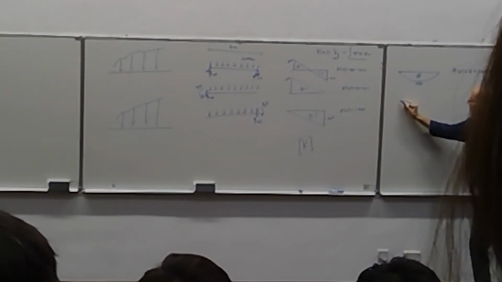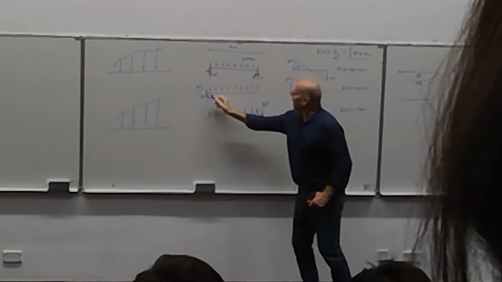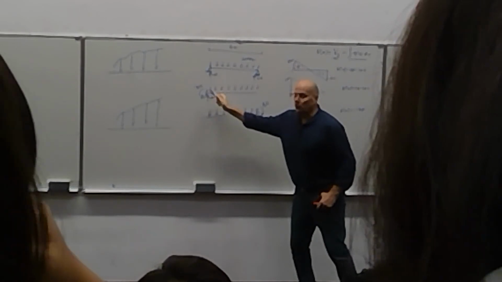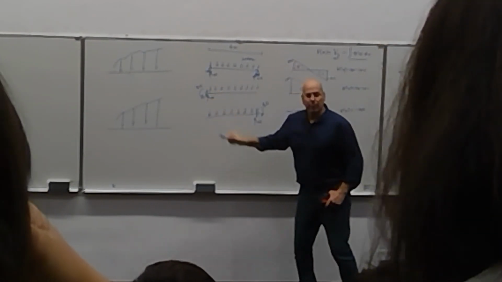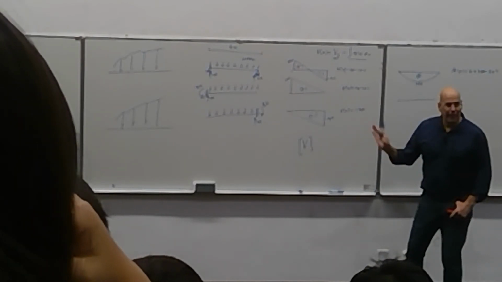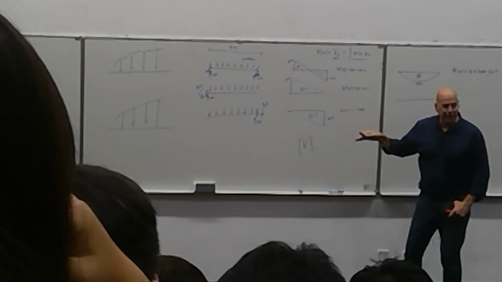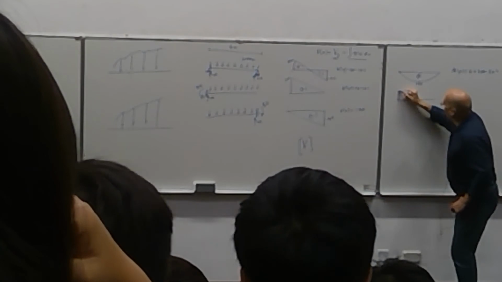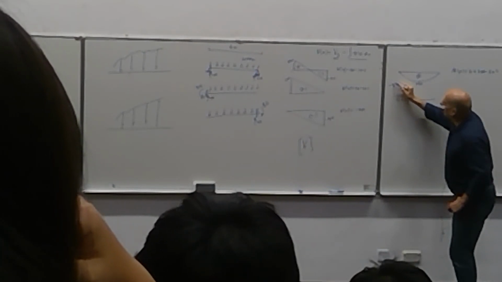Let's do the second case. Second case was this case. We come here. We have a starting bending moment, which was what? 80, right? Positive or negative? On the right face, this pull in the top is negative. So I'm going to start with negative. I'll start here at negative 80.